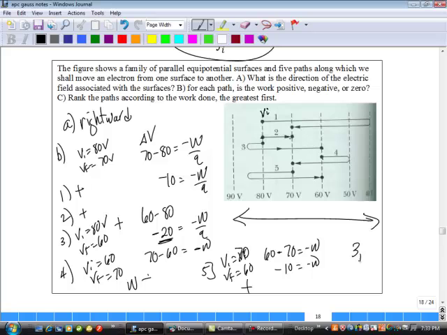Then we have 1 being 10, and 2 is the same thing, it's 10. 4 is 10, but it's negative work, so it's going to be at the end. So we're followed by 3, then 1, 2, and 5. These guys are all equal. And then the last one is 4. So that is our correct ranking on that part.